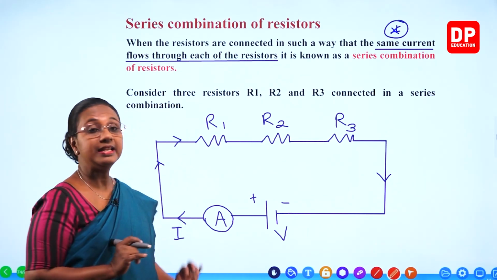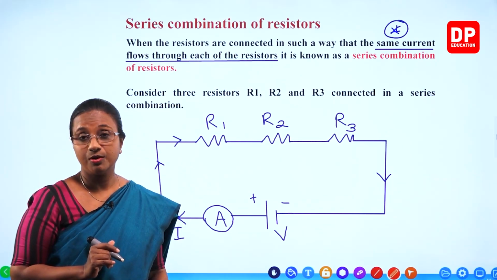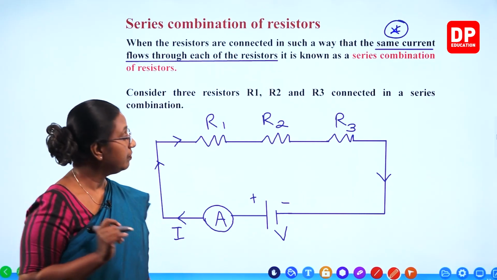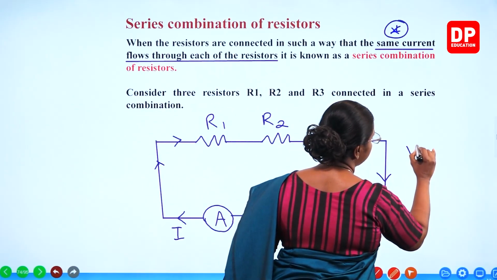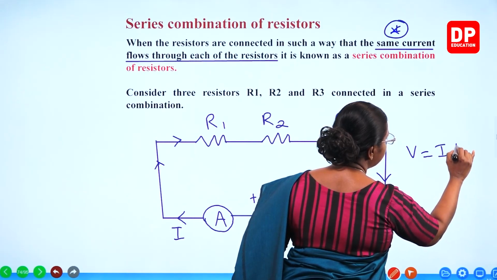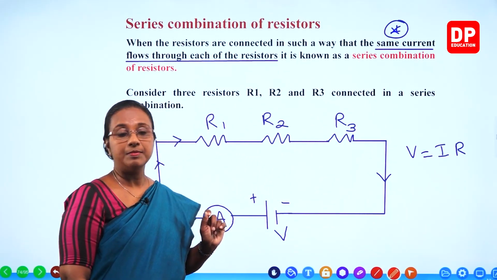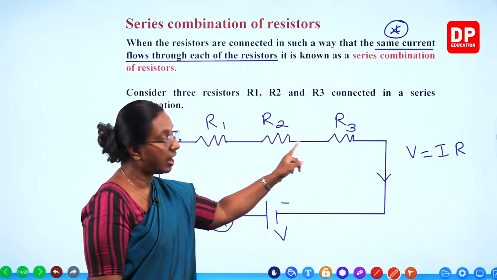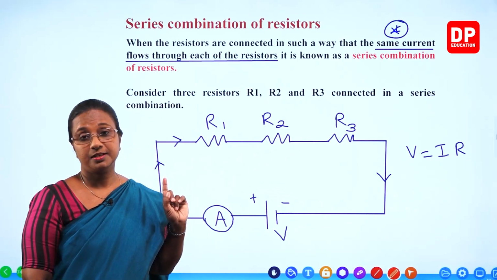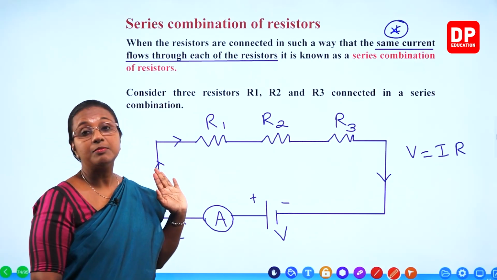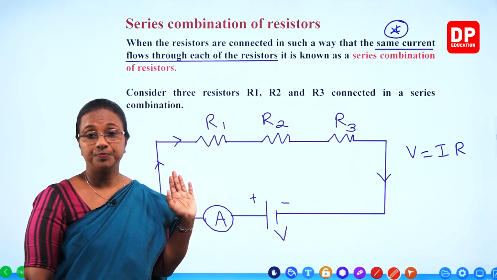Then if we write the equation for Ohm's law, what is that equation? V equals IR. Now I is the same, but R1, R2, R3 are going to be different. So what do you all think about potential difference V?